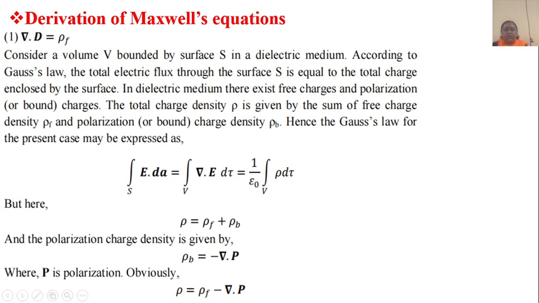But rho equal to what? Rho F plus rho B.